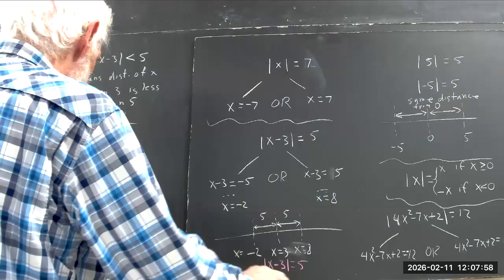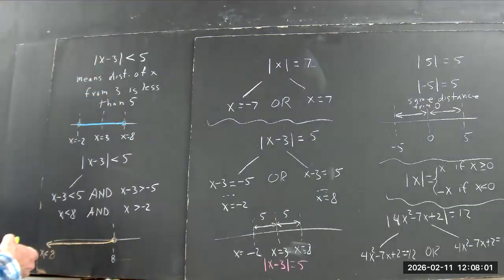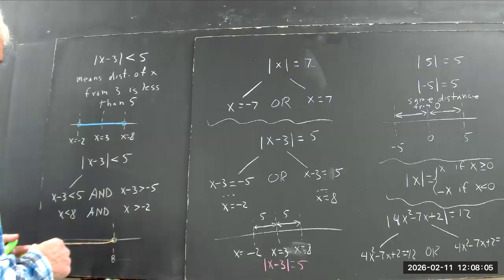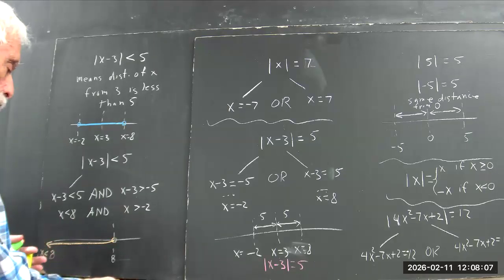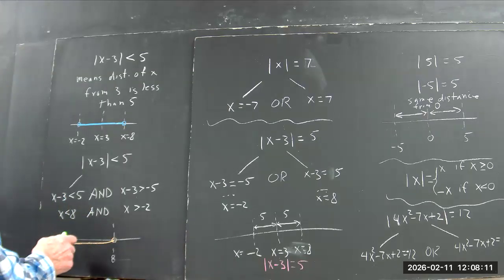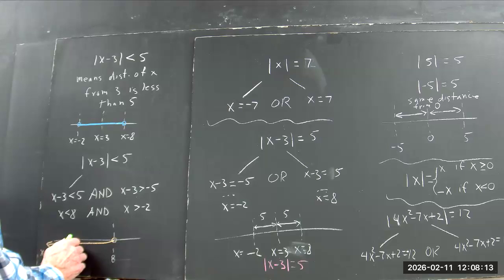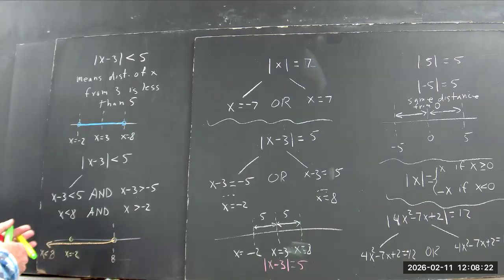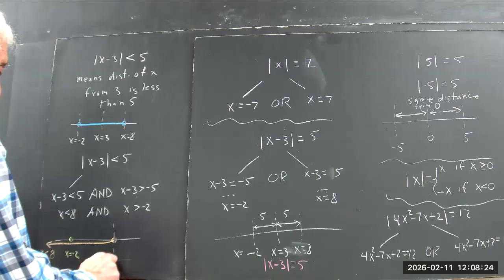Then I'm going to draw x greater than negative 2. And I'm going to use a little different color when I draw. We understand that I just put a little circle around x equals negative 2. Let's see, this is x equals 8.